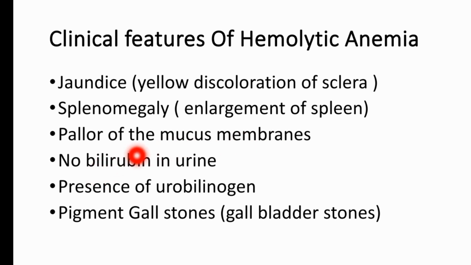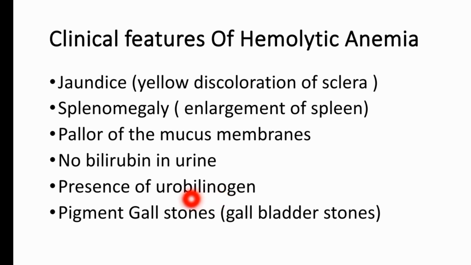Okay, then these points are particular to the hemolytic anemia. In the urine, normally we have bilirubin, and we don't have urobilinogen there. When hemolytic anemia is present, we have no bilirubin in the urine, whereas there will be the presence of urobilinogen in the urine, which is abnormally present. So what does urobilinogen do?